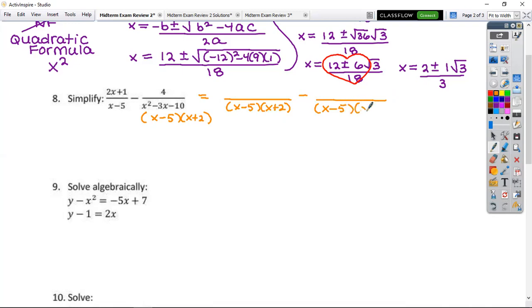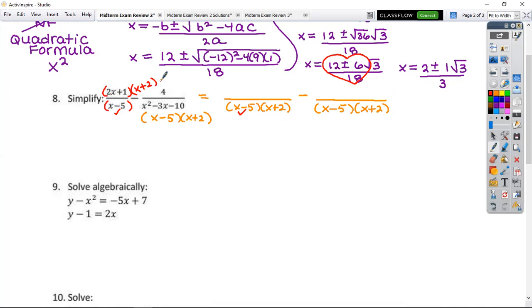So I've got this. I'm going to multiply by whatever factor is missing. So on the left-hand side here, I have this factor. So that one's taken care of. I need this second one. So I'm going to take this and multiply it by x plus 2.